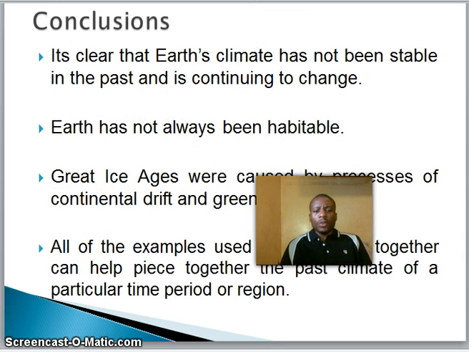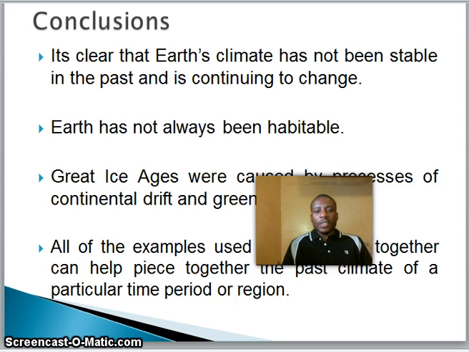So to conclude this talk, it's clear that the Earth's climate has not been stable throughout history and is continuing to change as time goes by. We can explain these changes based on plate tectonics, which explains the long-term changes in paleoclimate, and the Milankovitch cycle, which explains the short-term changes.